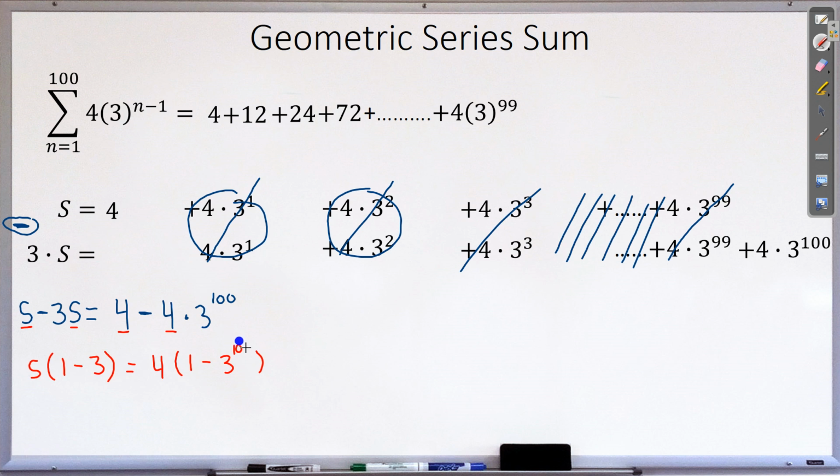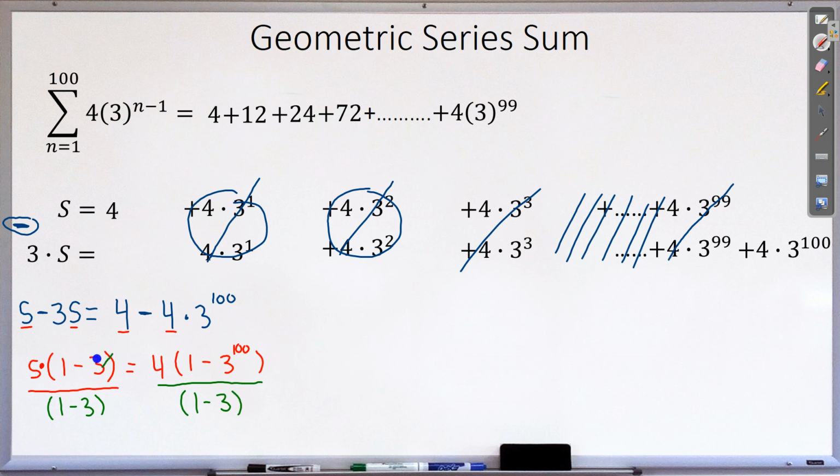So you want to know what S is, so you have to get rid of all of this. I'm not even going to simplify, I'm just going to divide by what's there. It's multiplying, so we're going to divide both sides by 1 minus 3. If I do it to one side, I have to divide the other side. 1 minus 3.